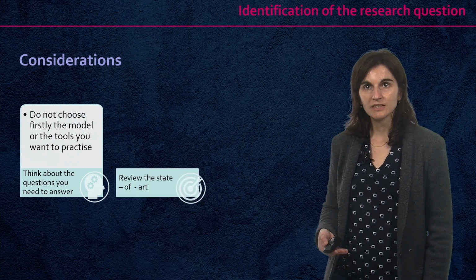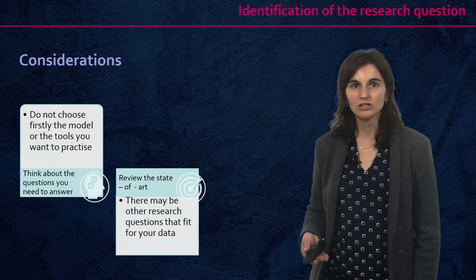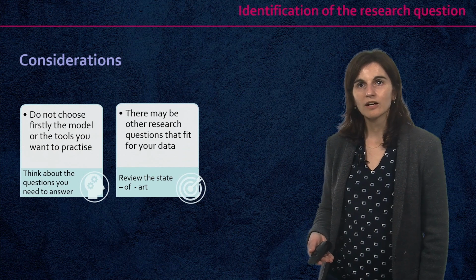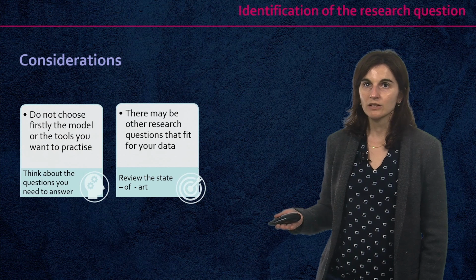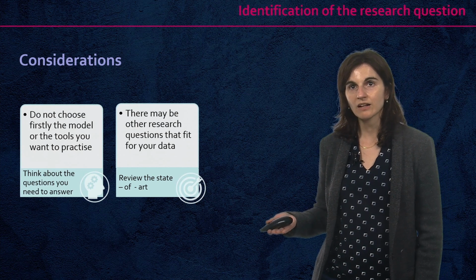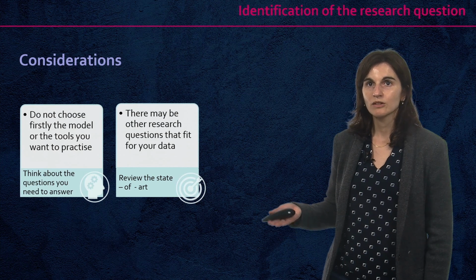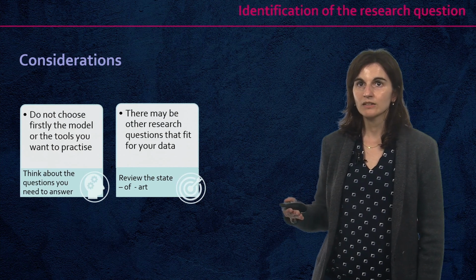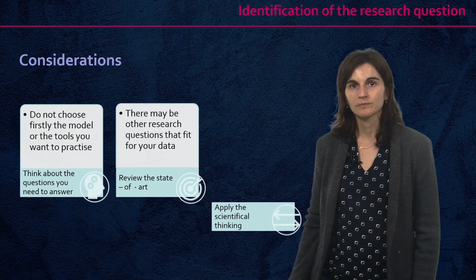Also, the review of the state of the art is essential for writing good research questions, and we have to think about whether there are other research questions still unanswered by previous research that could fit our data and match better with our interests.